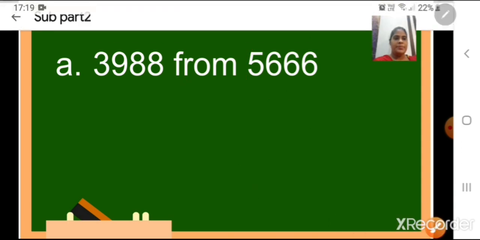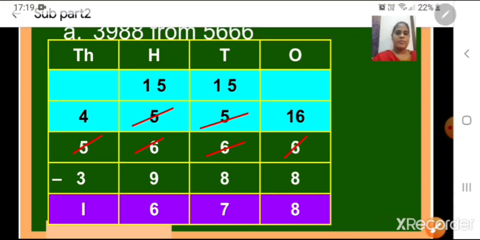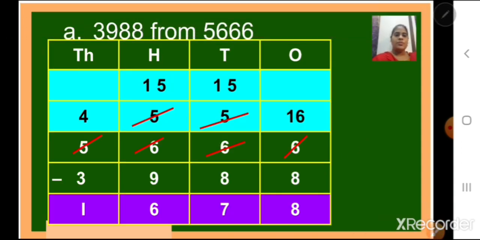In this manner we are going to put the numbers in the proper place. Okay. So I have already put all the numbers. 5,666 minus 3,988. Children, following all the rules, we have to solve this question and subtract.